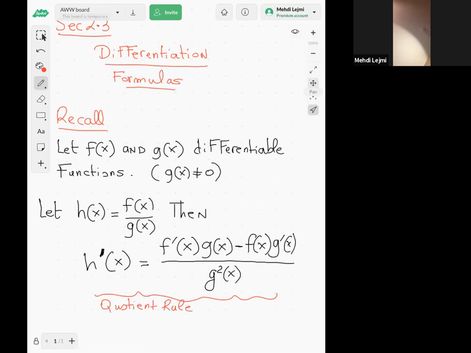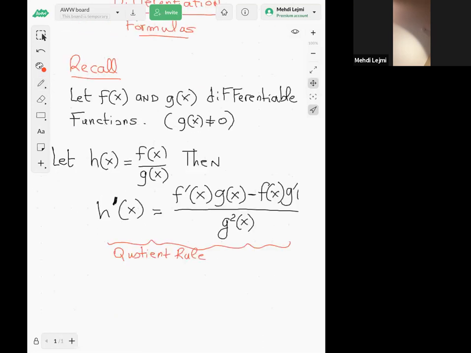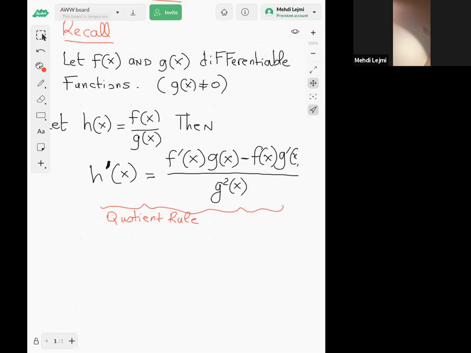So I think we had a couple of examples, and we started an exercise. We had the following problem.